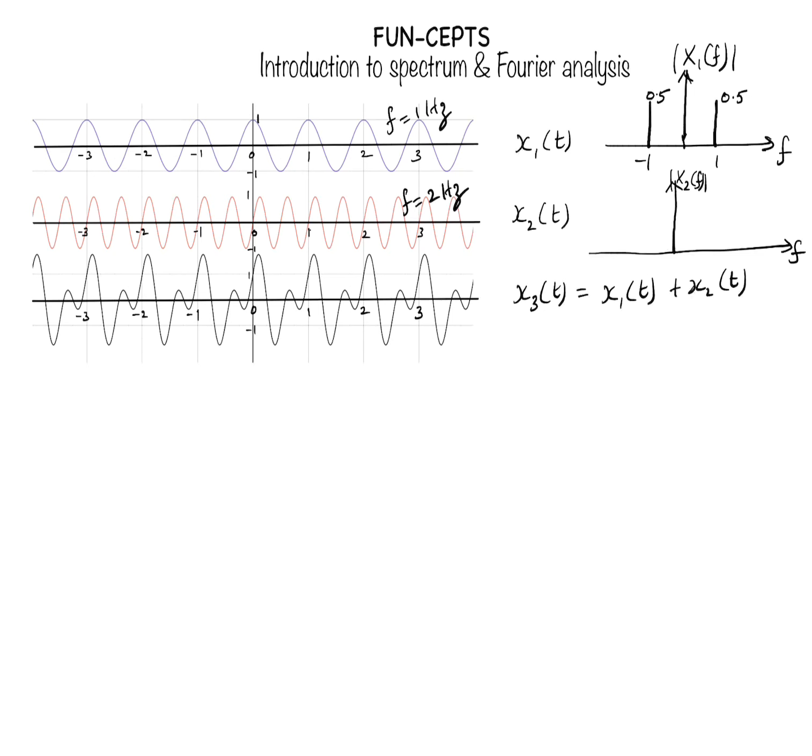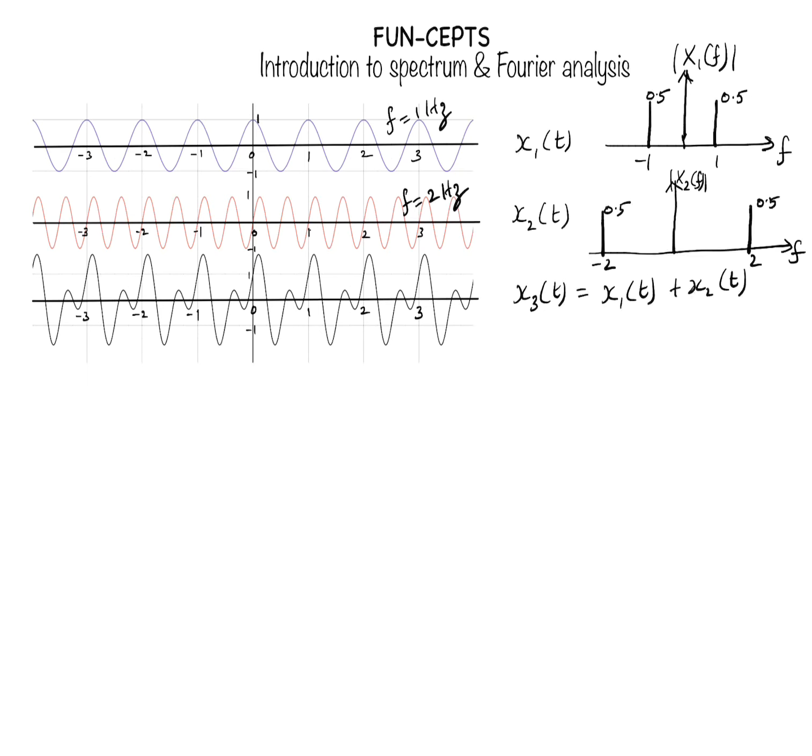So 2 hertz would be further away than 1, so we'll have it at 2 and minus 2. And again, since the amplitude of the 2 hertz signal is also 1 volt, it is half positive and half negative. Half of it would be on the positive frequency, that is 0.5, and half of it on the negative frequency, 0.5.